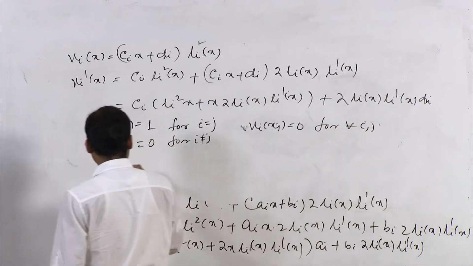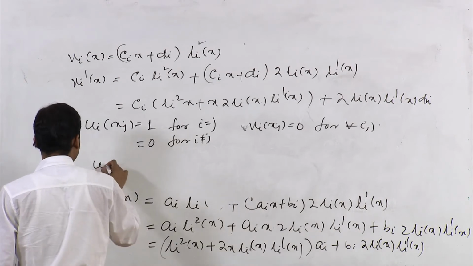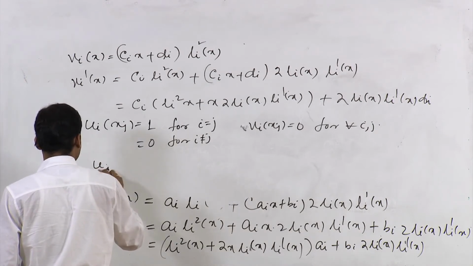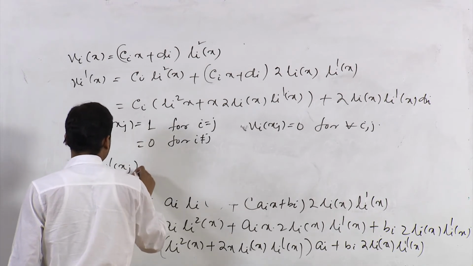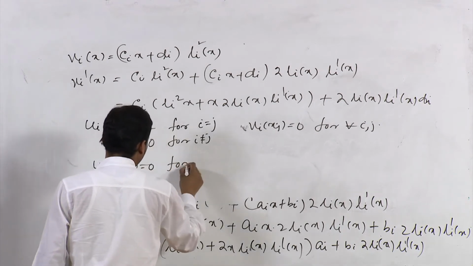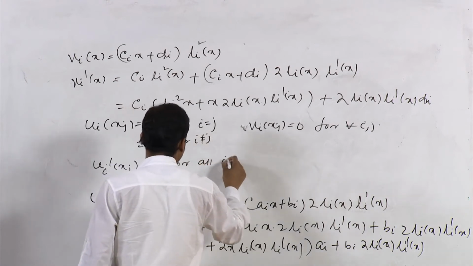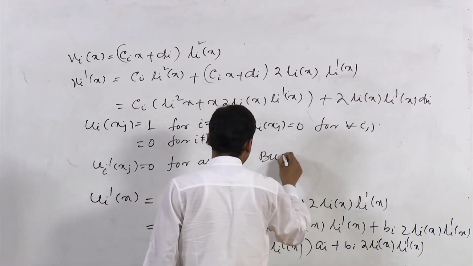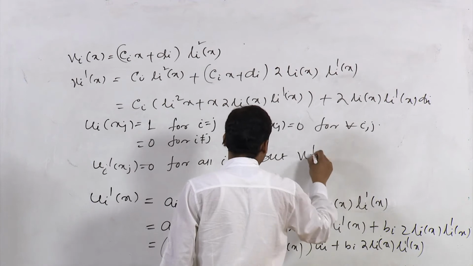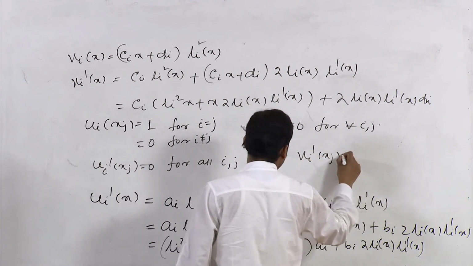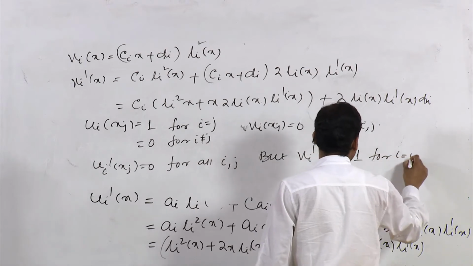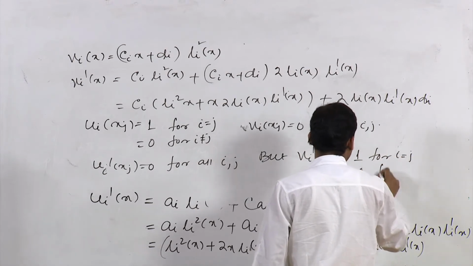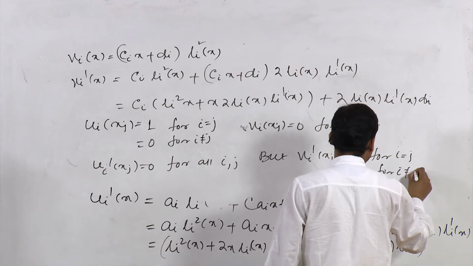But we are saying that ui dash of xj equals 0 for all i and j, but we are saying vi dash of xj equals 1 for i equals j, and equals 0 for i not equal to j.